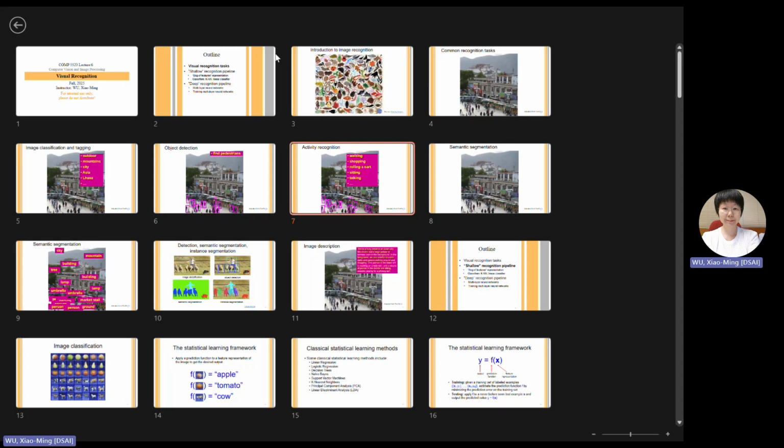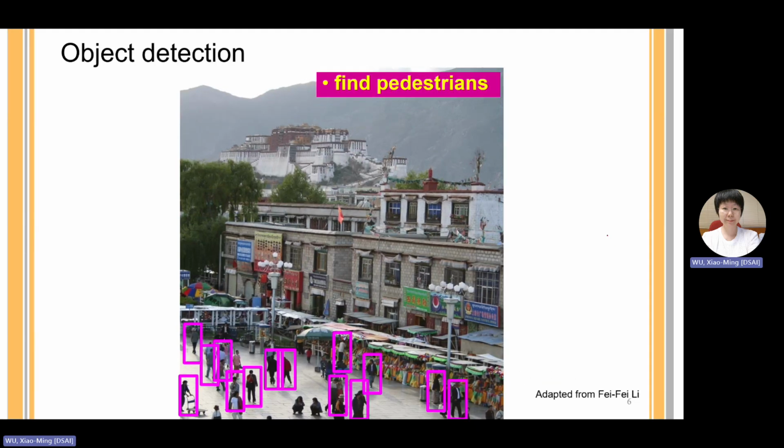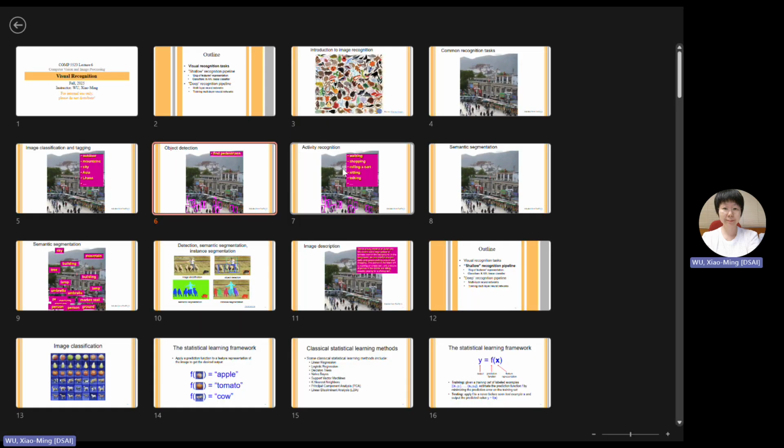So to summarize, image recognition involves a wide range of computer vision tasks. In the following few weeks, we're going to talk about how to apply deep learning algorithms for object detection, segmentation, and instance segmentation.